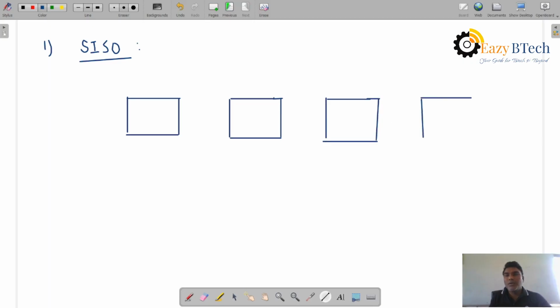Let us take the four input data. Four blocks are four flip-flops. So we are applying digital data in, like D0, and the output is Q0.